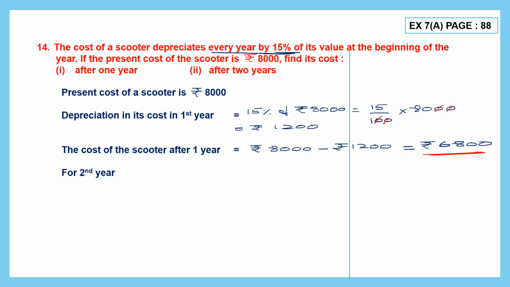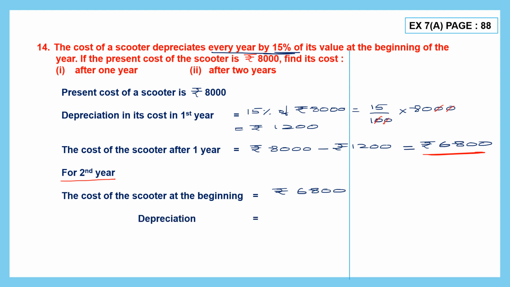Now let's work out the second year. For the second year, we begin with this amount. After 1 year, it's become like this. Now the amount is 6,800, the cost of the scooter at the beginning. It depreciates again by 15%.